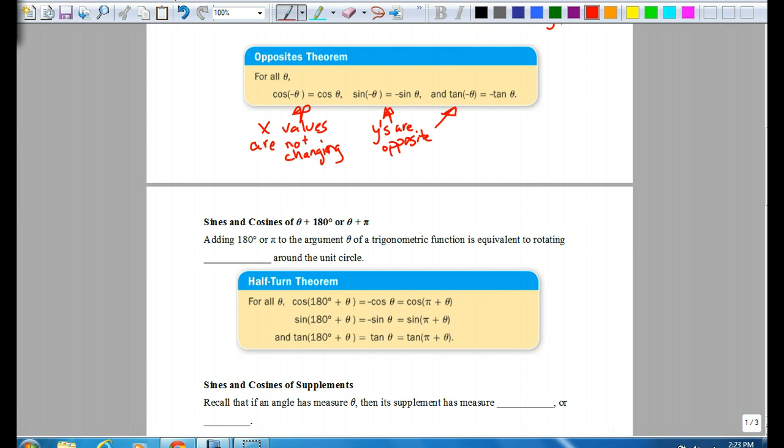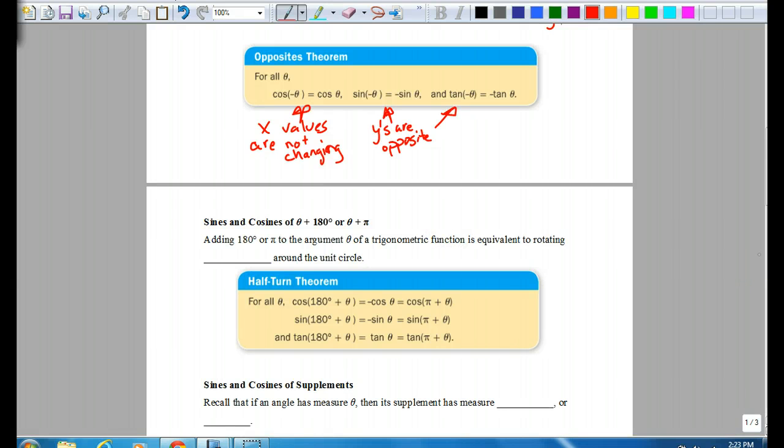Sines and cosines of theta plus 180 or theta plus pi. So this is just telling you, basically, you're adding a semicircle to where you're at. You're doing a 180. If you're in a car going west and do a 180, which way are you going to be going? East, right? So this is kind of the same thought.